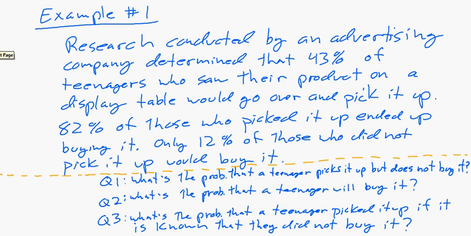Research conducted by an advertising company determined that 43%. A good idea as you are going through this is to highlight, maybe in a different color, some of the key pieces of information. 43% of teenagers who saw their product on the display table would go over and pick it up. 82% of those who picked it up ended up buying it.